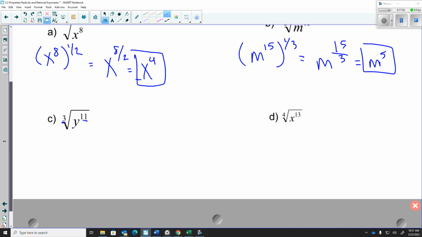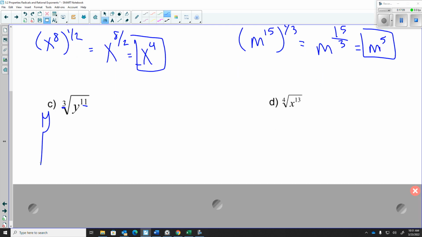So here's what you're going to write. You're going to write y cubed, because it went in 3 times. And then what's your remainder? 3 times 3 is 9. You have a remainder of 2, because there's a remainder to get to 11.